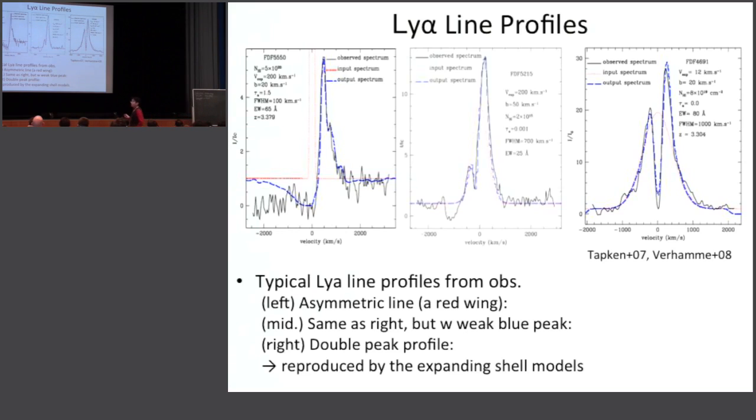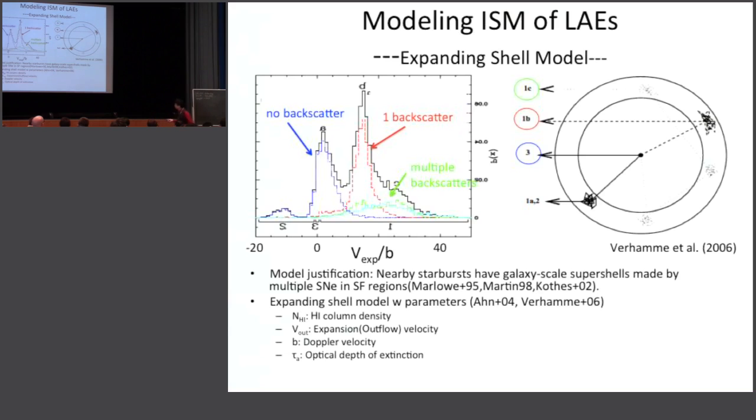So then you may think about how it works. Let me explain some ideas of the line profile. Again, this is the model structure, and there's a Lyman-alpha source. And there are three major components: no backscatter, one backscatter, and multiple backscatters. For the no backscatter component to the observer, you have the Lyman-alpha emission line and the expanding shell.